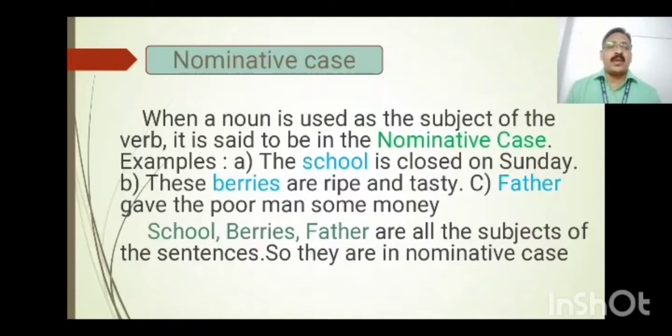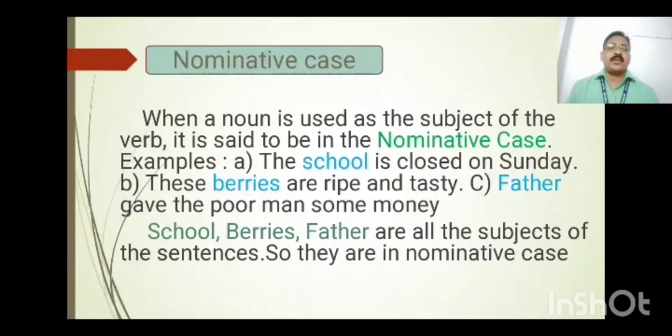Example A: The school is closed on Sunday. In this particular sentence, children, you can see, I have marked in blue color, school. School is the subject of this sentence. So, here the noun school is in the nominative case.